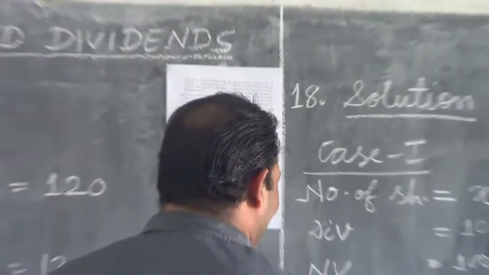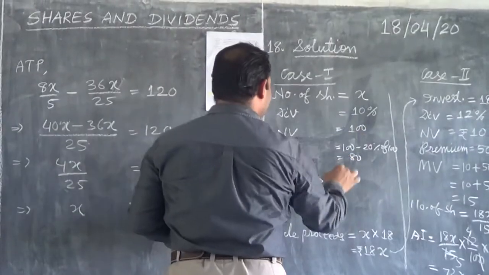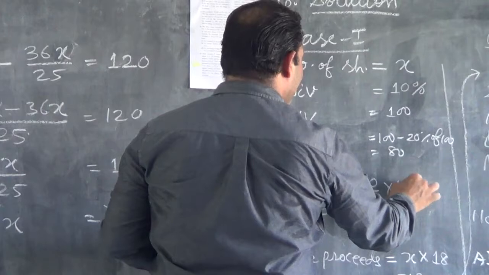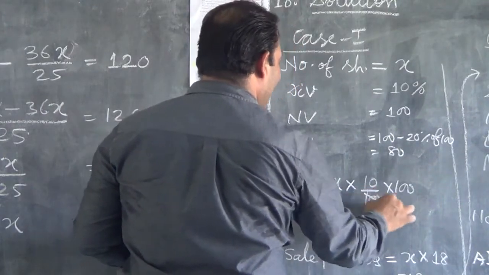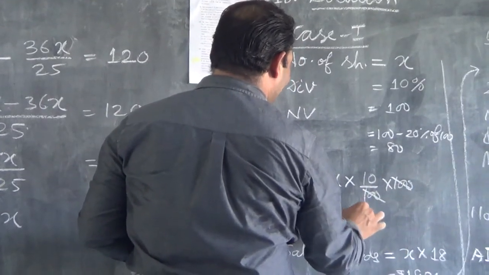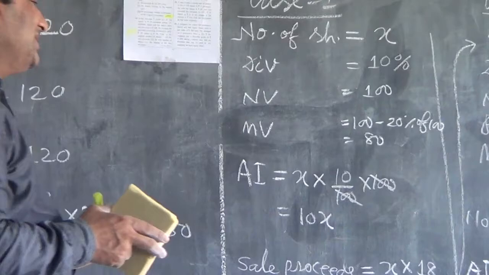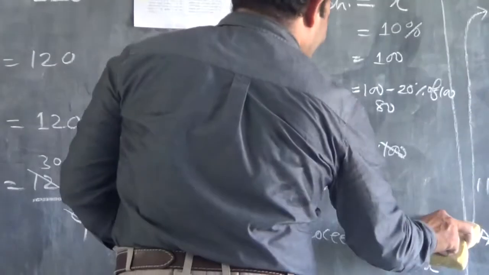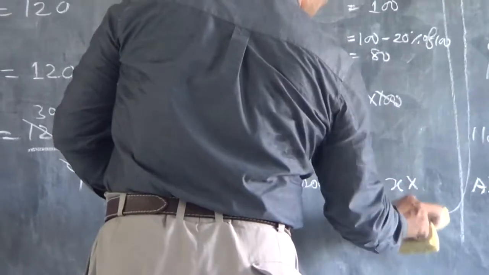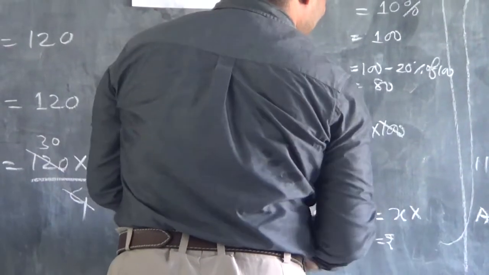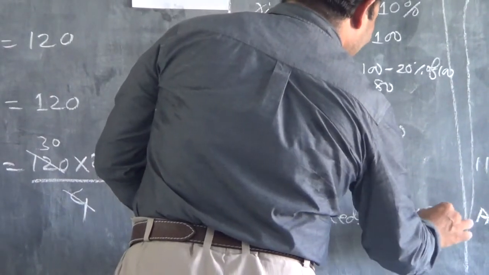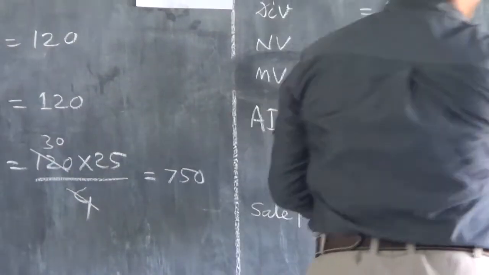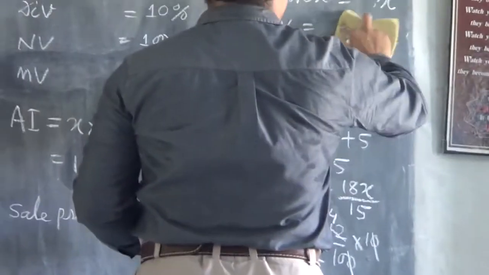Number of shares X and dividend is 10%, 10 by 100 into 100, and here annual income equals 10x. And he sold the shares at rupees 80 each. So sale proceeds is equal to 80x, and he took 80x rupees and he went to the market again.